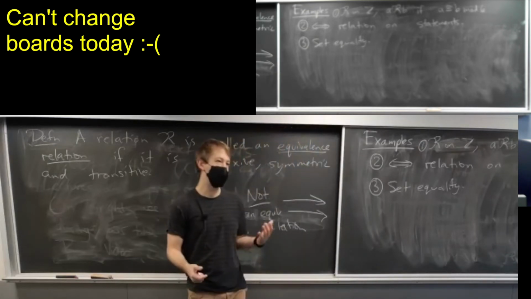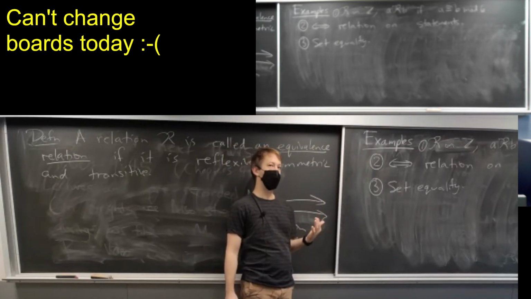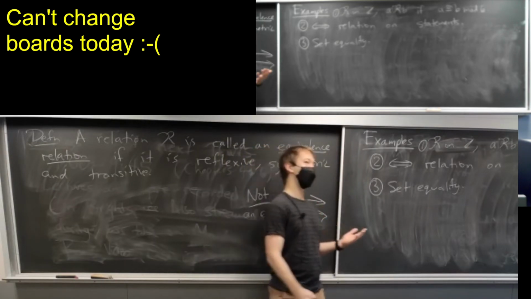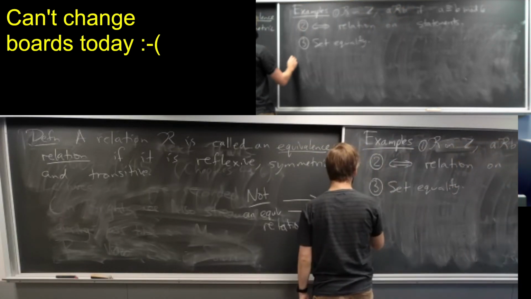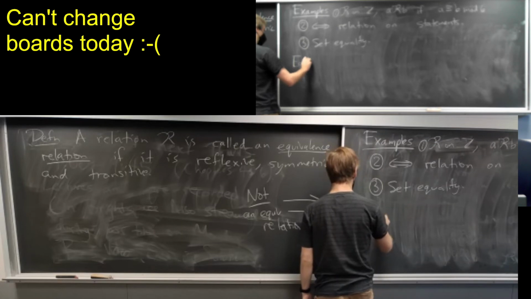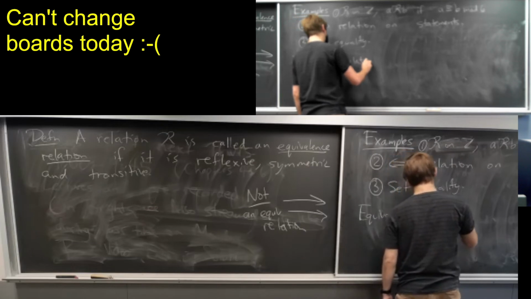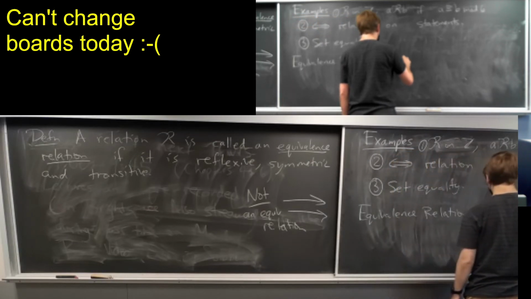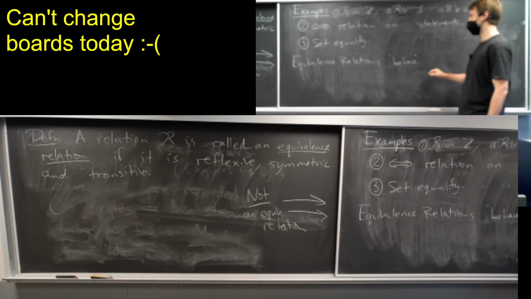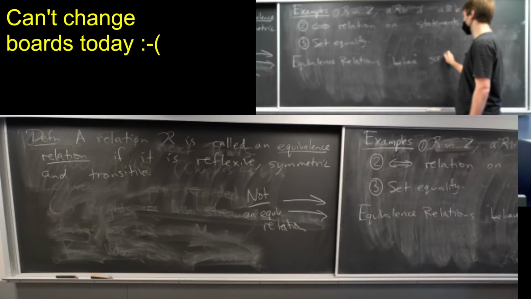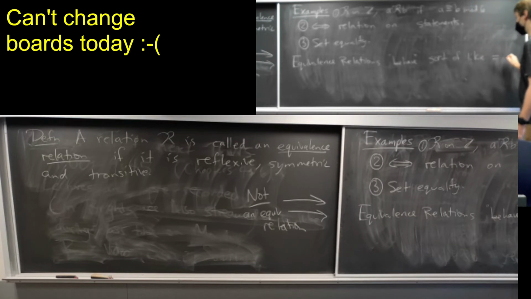If you think of these three examples, equivalence relations are sort of like equals. They're not exactly like equals, and this is all very vague and wishy-washy, but you should think of equivalence relations as behaving sort of like an equals sign.